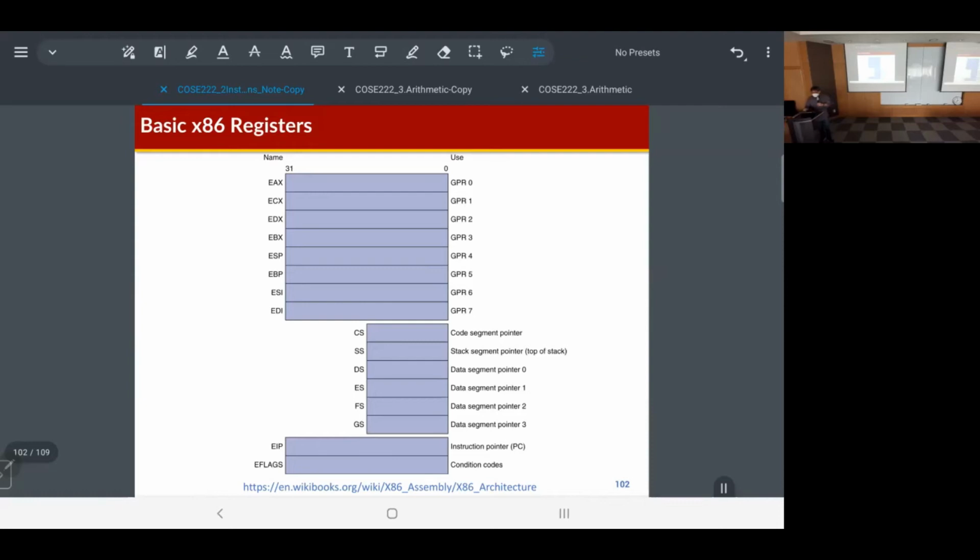But as you can see, the x86 registers are a little bit different. x86 supports just 8 general purpose registers. Also, x86 supports some special purpose registers called CS, SS, DS, something like that, which means the x86 architecture is different from RISC type registers.